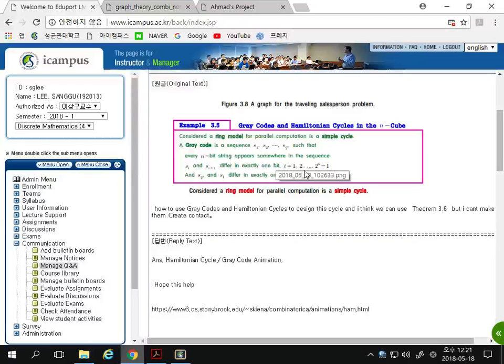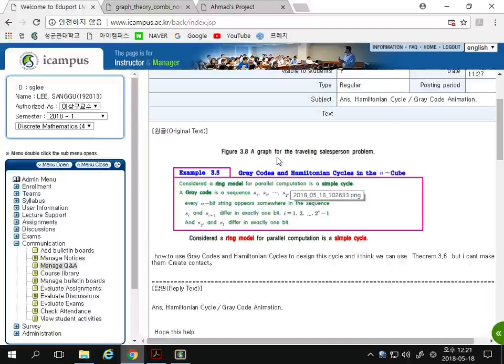Mr. Wang Zhaoxiang asked about the gray code and Hamiltonian cycle that we're going to learn next week.